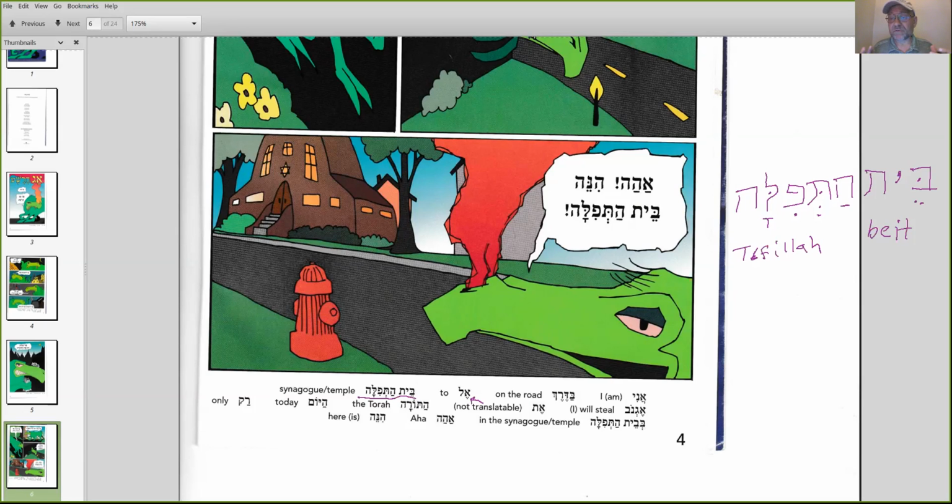So then if you distill all of those concepts down, because the word tefillah includes the roots of those three concepts together, they then distill it down to temple or synagogue.